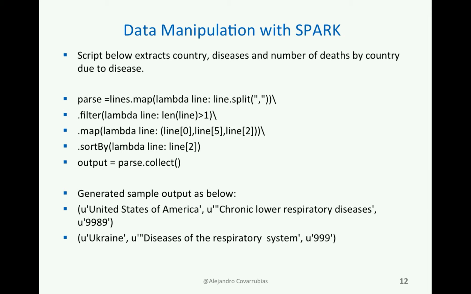From this script, we are trying to extract the country, the diseases, and the number of deaths by country due to that disease. Once we run this script, we got this generated sample output. You can see that we have extracted the country, the disease, and the number of deaths in that particular country.